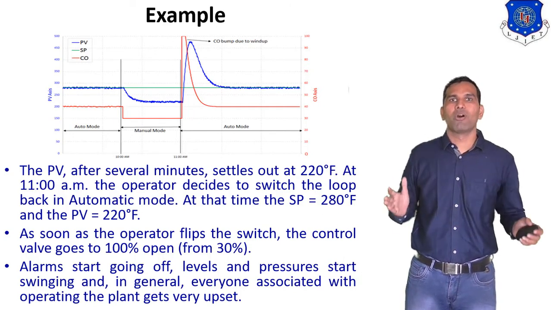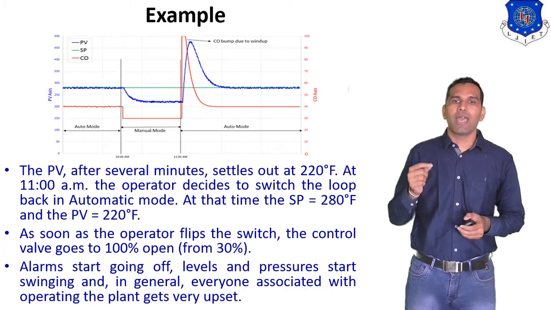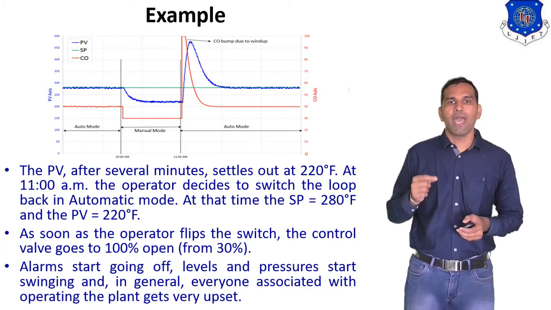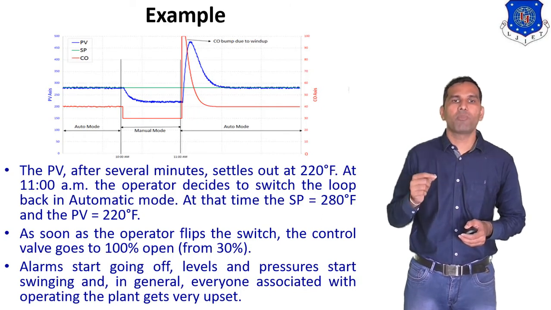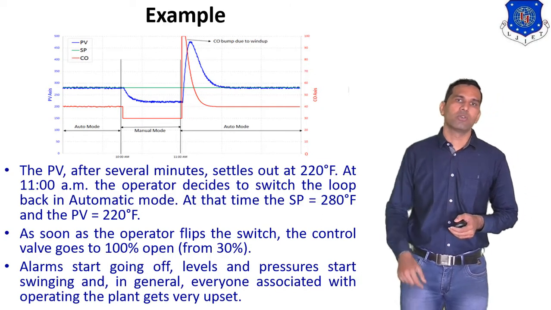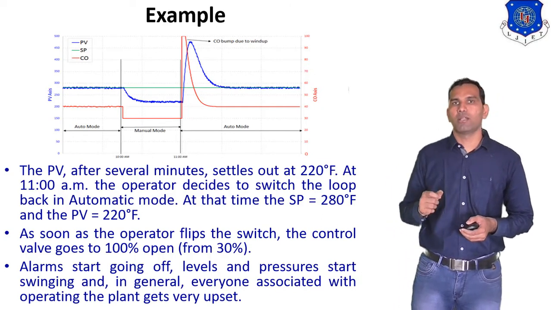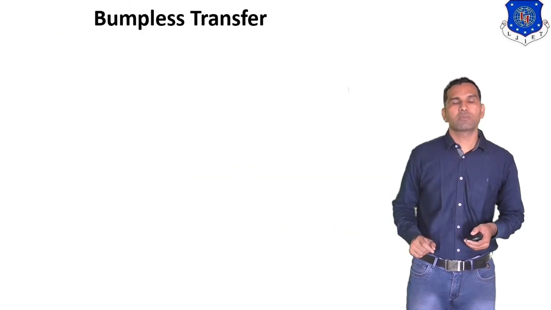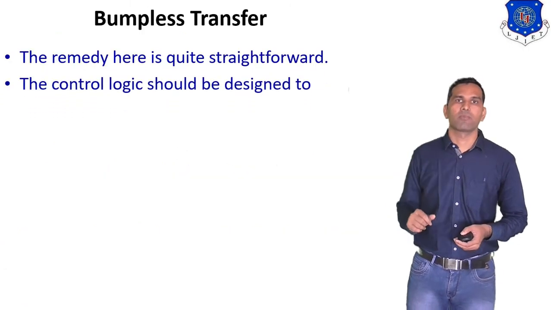Alarms start going off, level and pressure start swinging, and in general everyone associated with operating the plant gets very upset. So this is an example to understand the importance of Bumpless Transfer in industry.